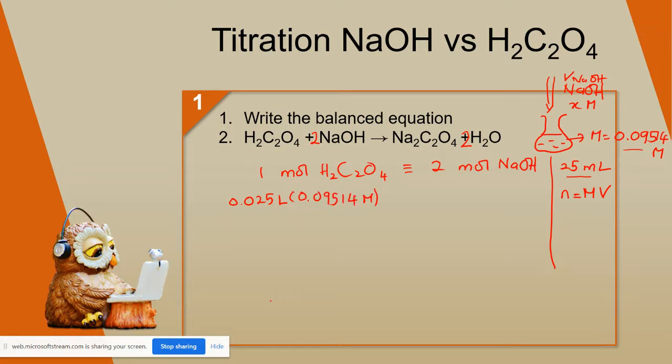And that will give you the number of mole of H2C2O4, and you can calculate the number of mole of NaOH. You can solve for x and get the number of mole of NaOH.